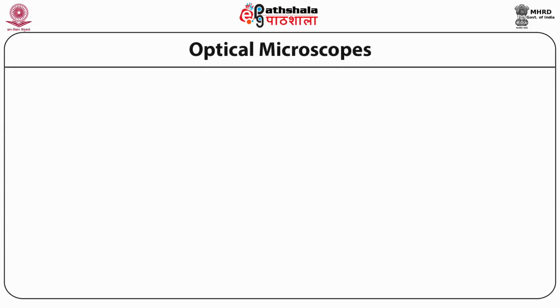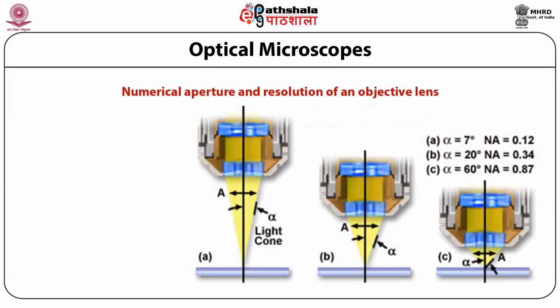object. So the numerical aperture and resolution of an objective lens is explained in this slide. The numerical aperture of any objective lens is a quantity which depends on the refractive index n of the immersion medium times the sine of angle alpha, where alpha is the angle of the cone of the light that is accepted by the objective lens.